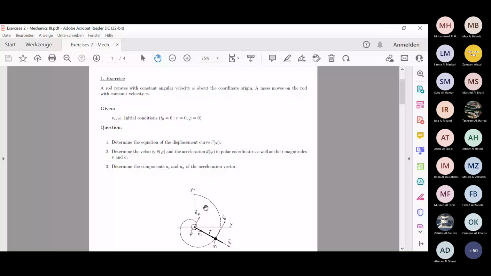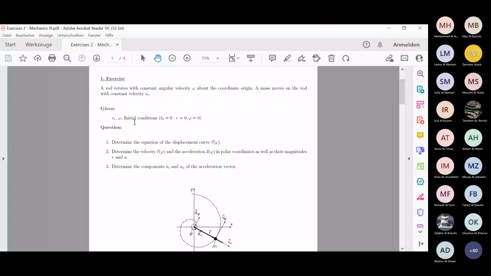Yeah, what we saw last week. You can see the slide as well as the video. And in this case, we have given the velocity vr along the radial direction and omega, which is phi dot, and this is along the z direction.